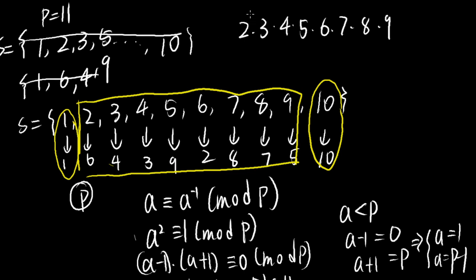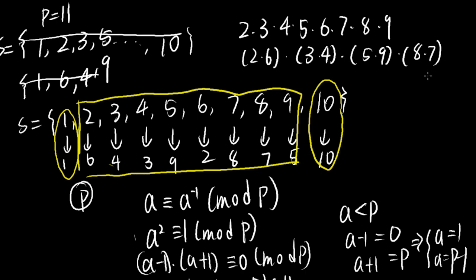For example, 2 and 6, we regroup them, 2 times 6. And then 3 and 4, we regroup them by itself and its inverse. And 5 times 9 and 8 times 7.